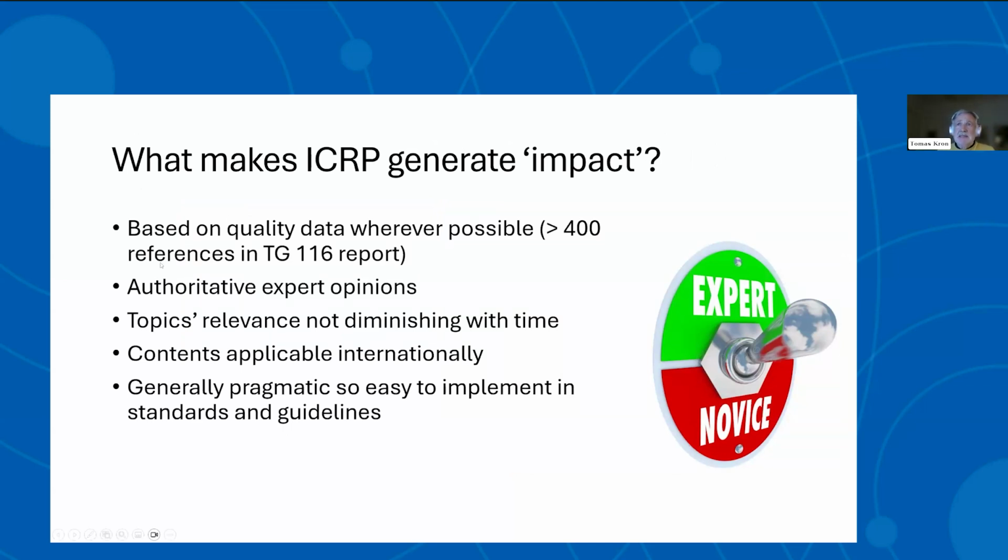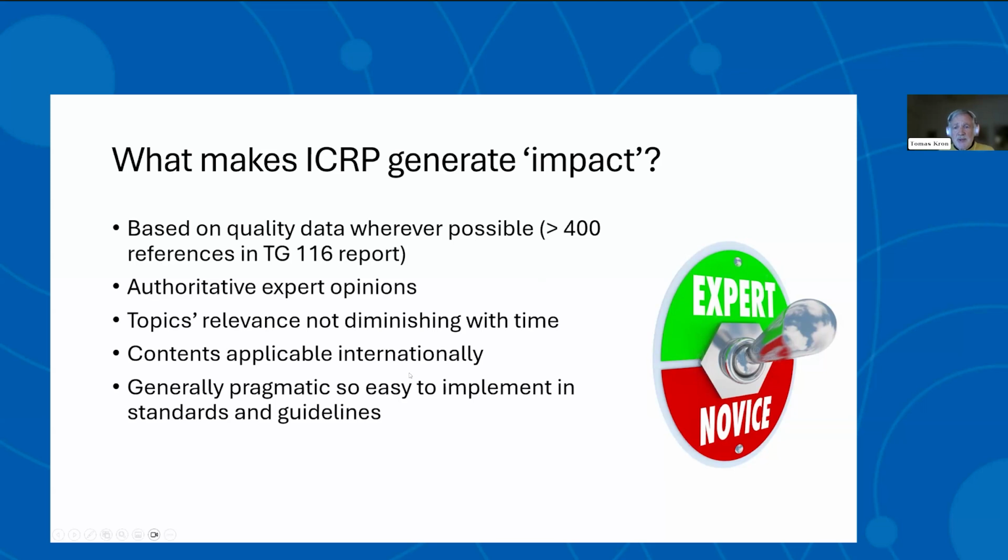For me, as a radiation oncology physicist, they are based on quality data, and the TG116 report also includes more than 400 references. The topics are relevant, certainly for me as a radiotherapy physicist, and the content is applicable internationally.